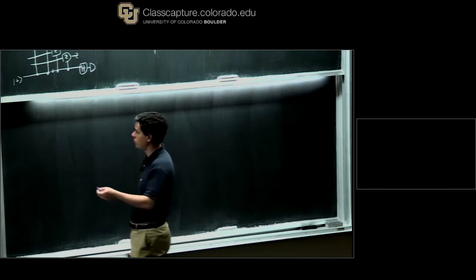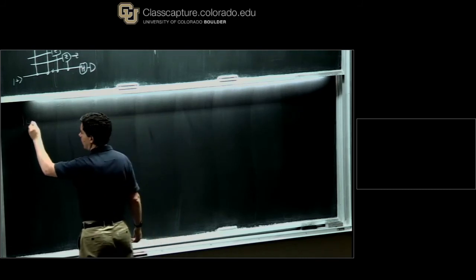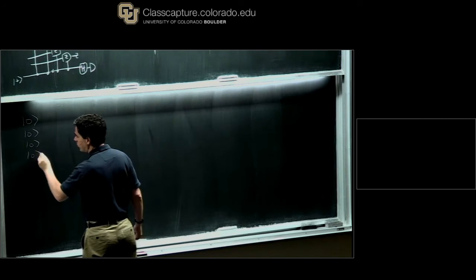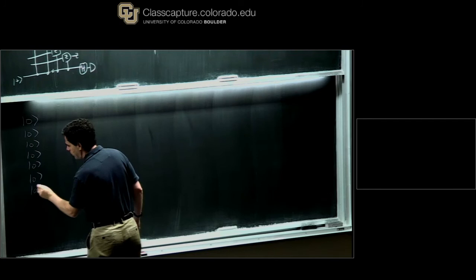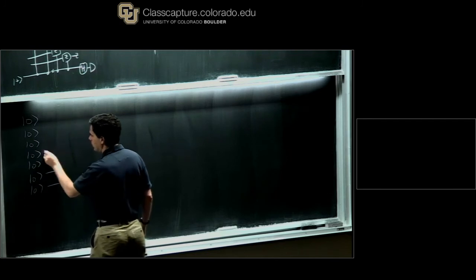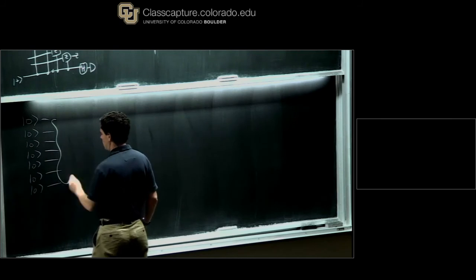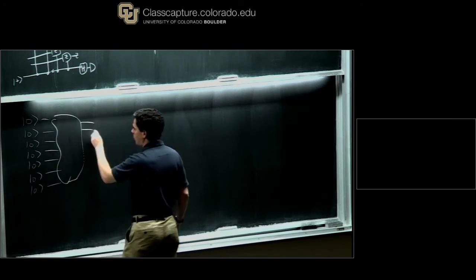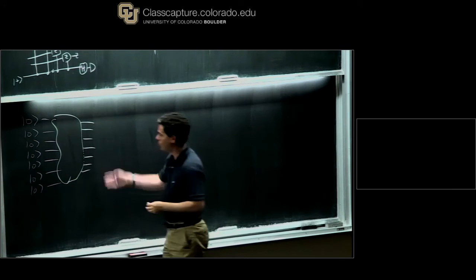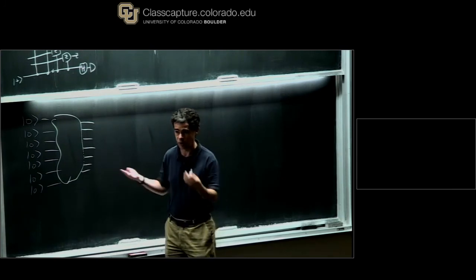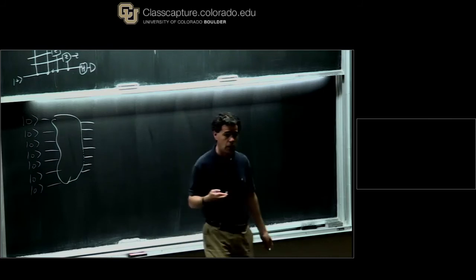I'm not going to tell you how to do that in detail, but you'll start with 7, in this case, physical qubits. 1, 2, 3, 4, 5, 6, 7. And then you do some big circuit, and you'll get out 7 physical qubits that are supposed to encode a logical 0 state. You can work it out for whatever code you're interested in.